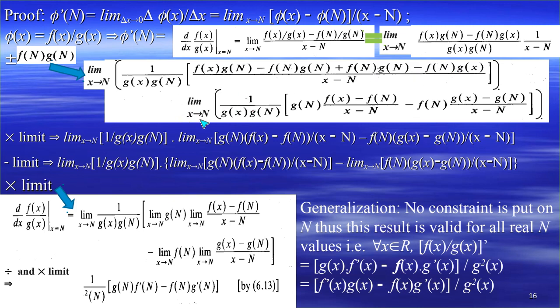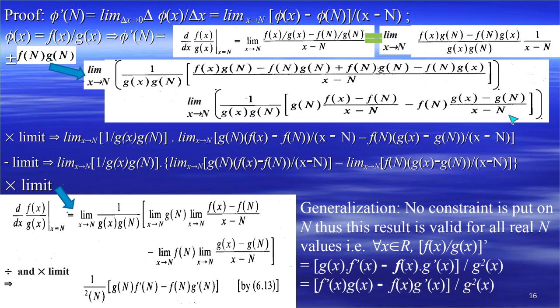So I obtain limit when x goes to n of 1 over g of x times g of n, the whole distributed, multiplying g of n times f of x minus f of n over x minus n, minus, I took this minus f of n in factor, I obtain f of n, g of x minus g of n over x minus n. If you take minus f of n in factor here, you will see that here you are left with g of x and here minus g of n. So g of x minus g of n over x minus n. The denominator is the same.